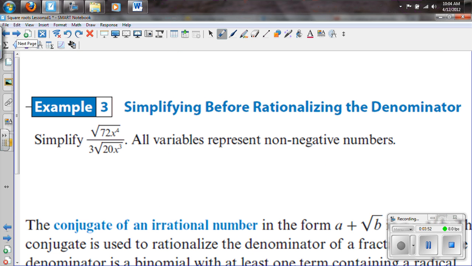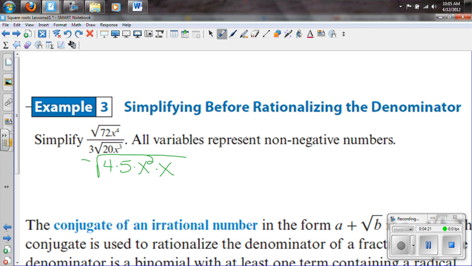Simplifying before rationalizing the denominator. Some things we can simplify first and then multiply in order to get rid of that square root. So if you take a look at the denominator on this one, we have a 3 times the square root of 20x to the third. And we can actually simplify that because 20x to the third is actually 4 times 5 times x squared times x.